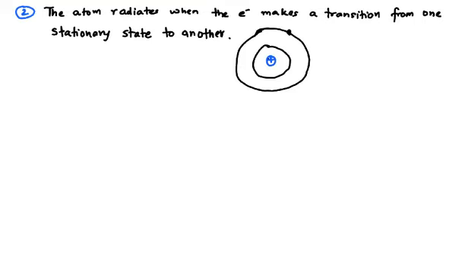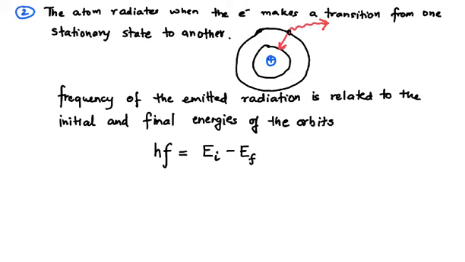Let me show you an example of what I mean by an electron making a transition from one stationary state to another. Let's say for an atom you have blue indicating the nucleus, and then there are two orbits shown, for n equals 1 and n equals 2. An electron, let's say, is in the n equals 2 state, and if it transitions to a lower energy state, then it will radiate electromagnetic radiation.